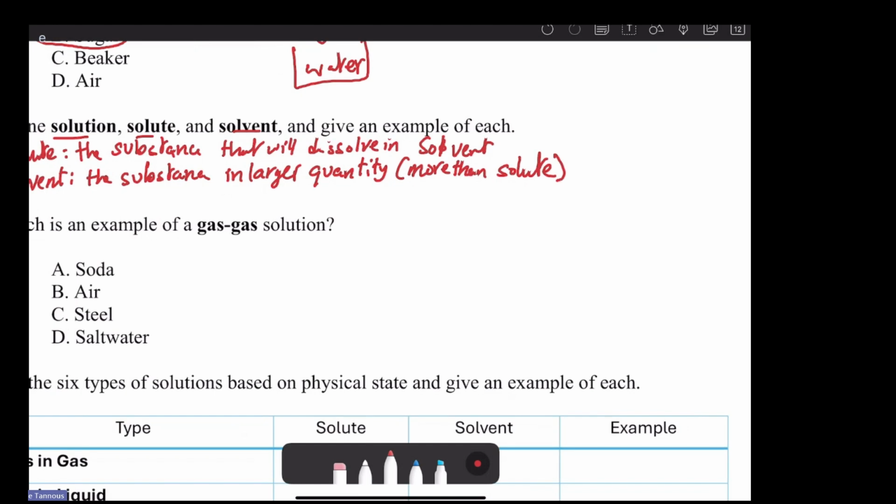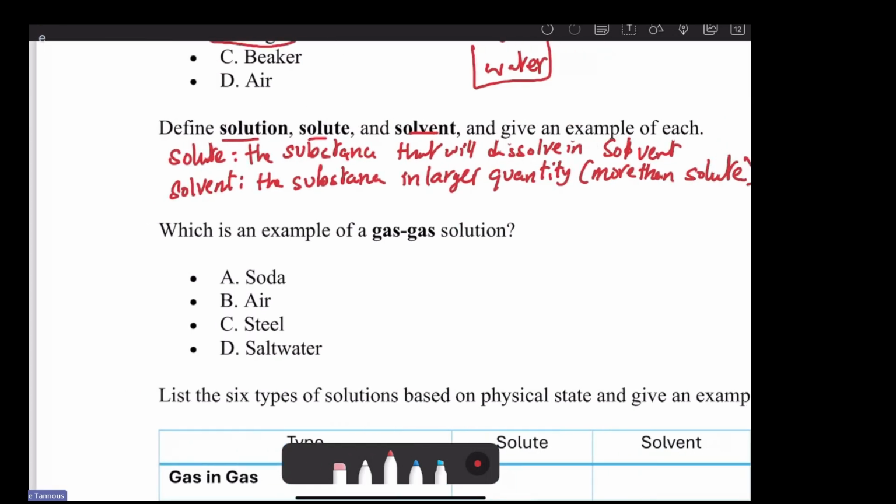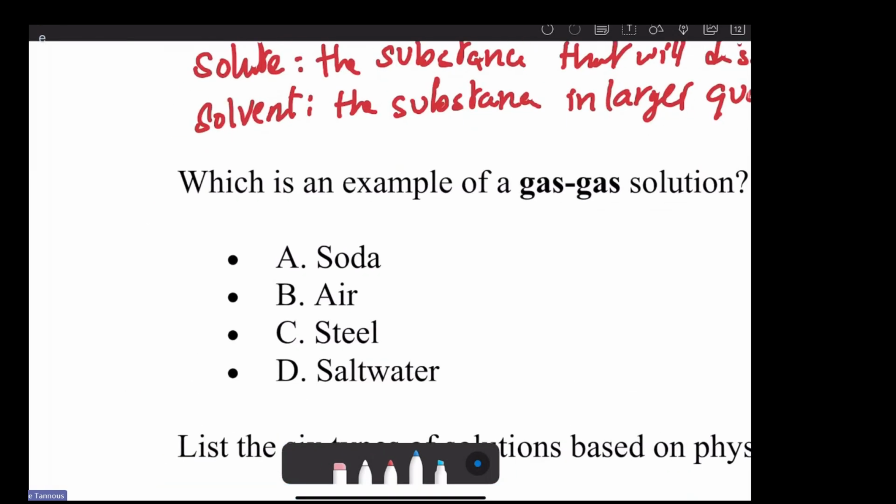In which the solute will dissolve. Together, they form a solution. So once dissolved, the solute and the solvent form a solution.